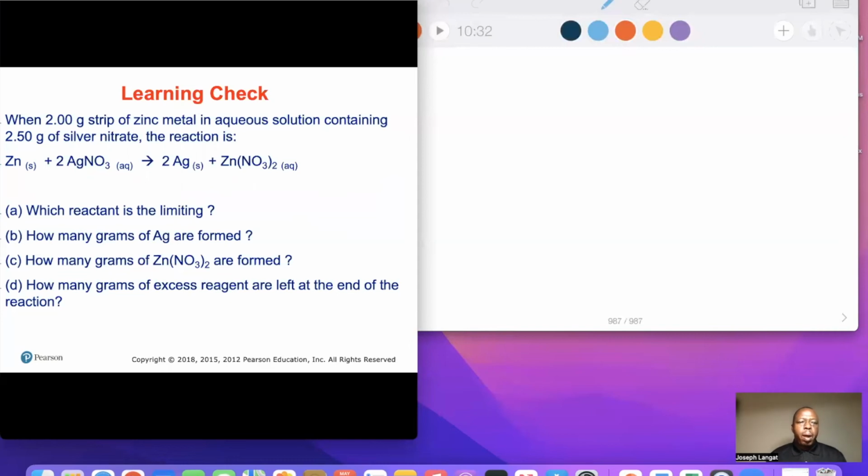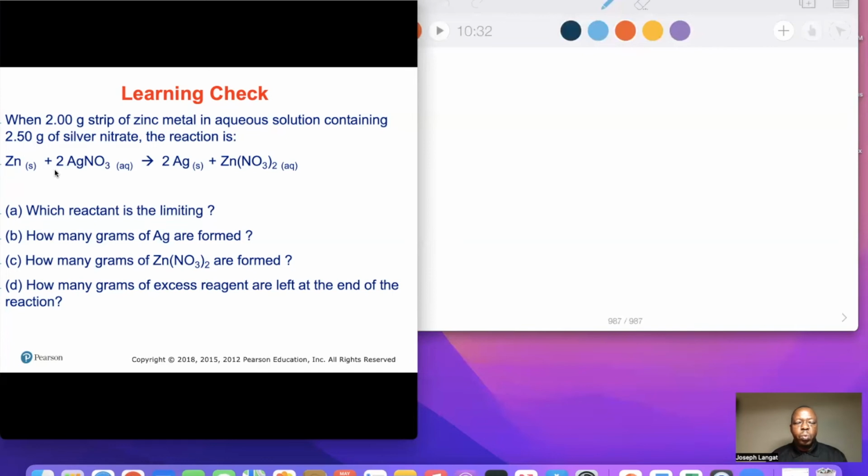Now, given a problem like this, 2 grams of zinc metal in aqueous solution containing 2.5 grams of silver nitrate, the reaction is given by this. Note that when there is nothing in front, it's understood to be 1.